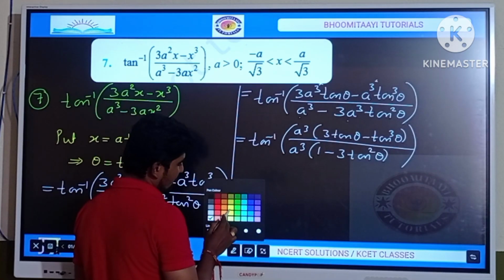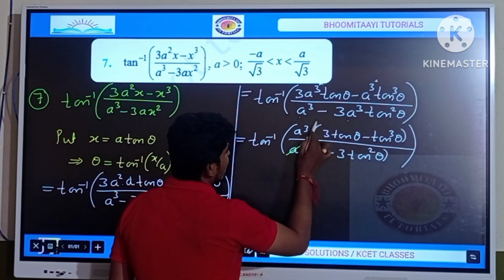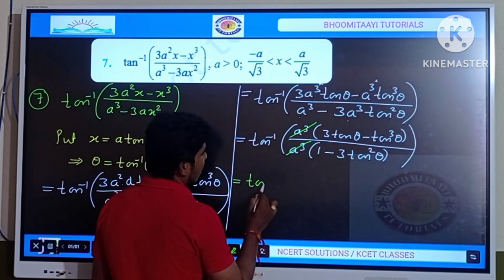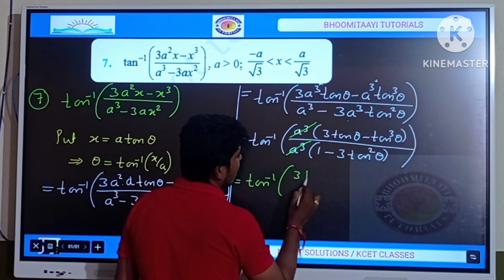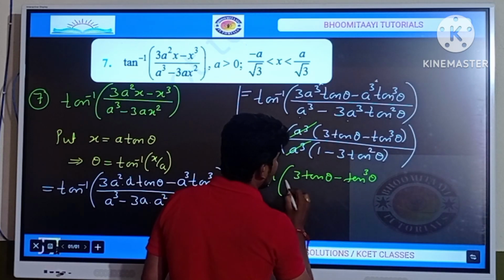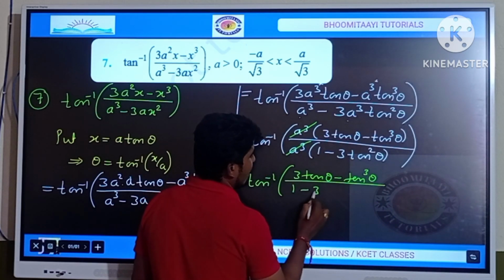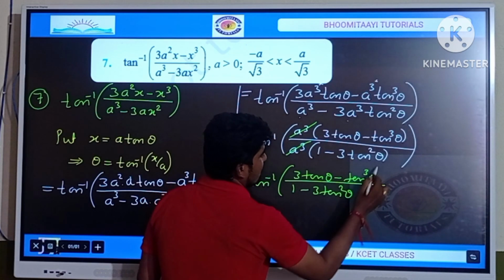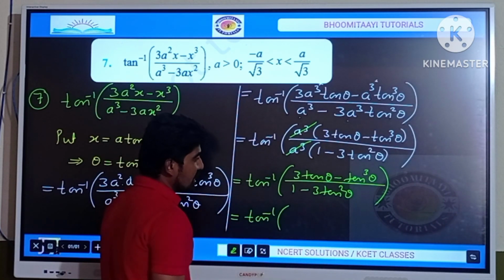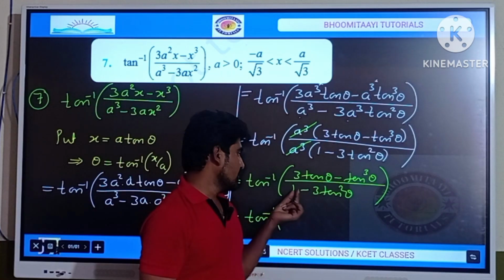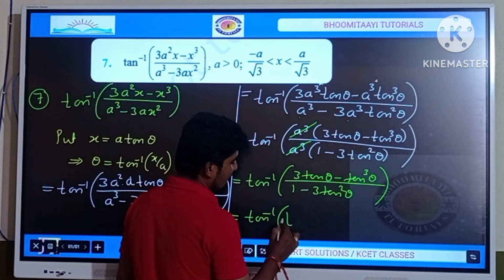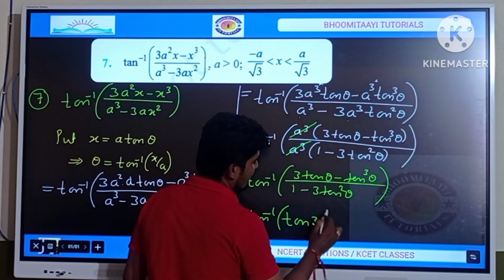Now observe here, a cube gets cancelled from both numerator and denominator, so remaining tan inverse of (3 tan theta minus tan cube theta) divided by (1 minus 3 tan square theta). Now this is the formula for tan 3 theta.